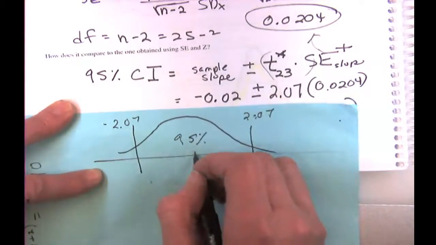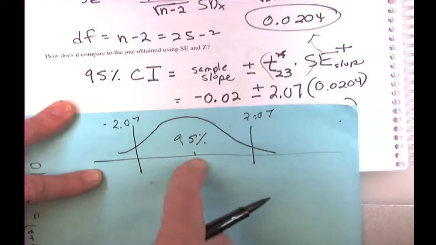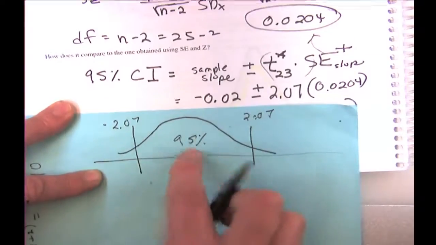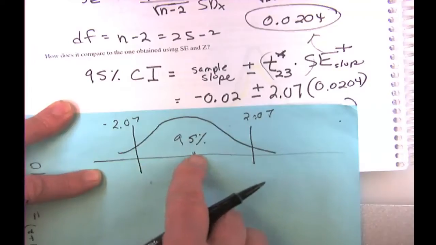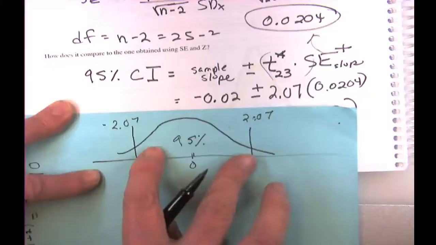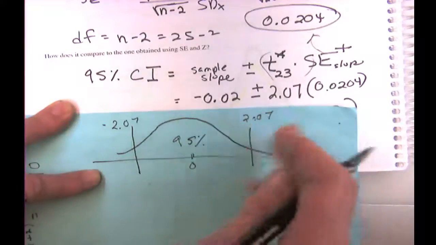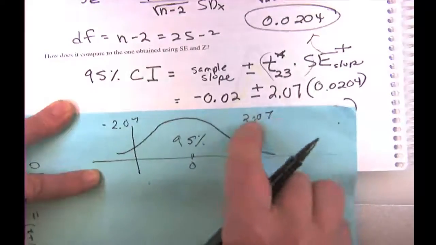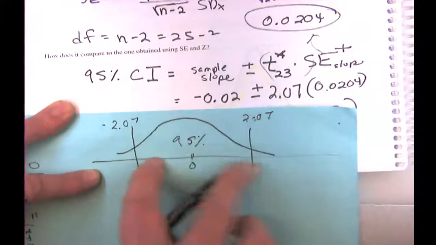If you sampled from the actual population, this is 0 as a T, and the true population slope right here, 95% of the time you'd be within these limits. So within 2.07 in either direction, standard errors, that's what it means.